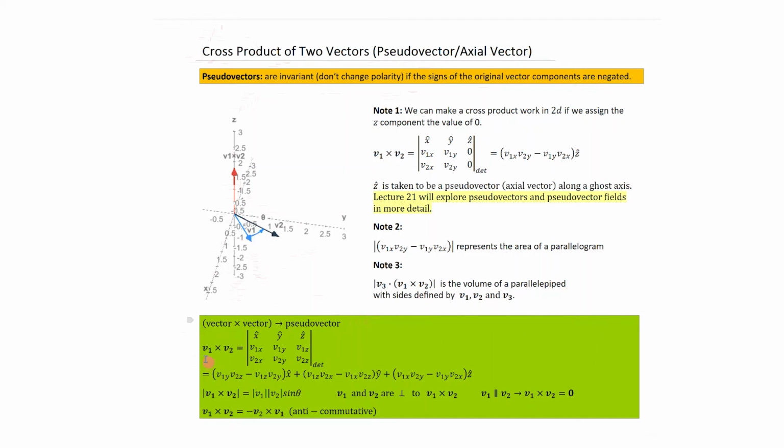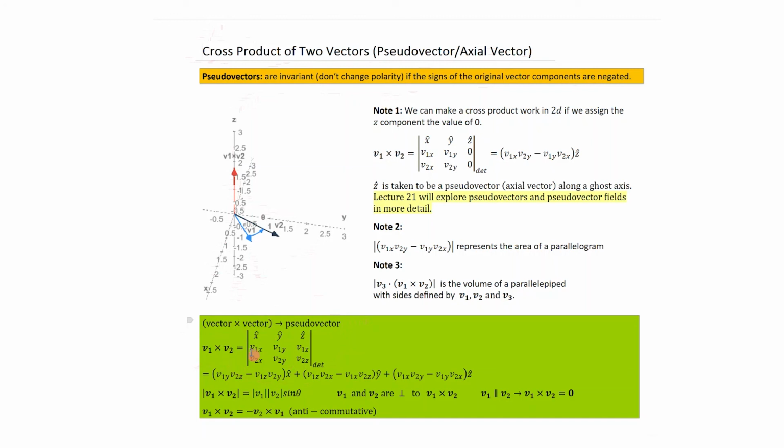So how do you compute a cross product? All right, well, this is going to be a determinant that you basically are calculating. The first row includes the unit vectors or orthonormal basis vectors, x hat, y hat, z hat. The second row contains the vector components of the first vector, and the third row contains the vector components of the second vector.